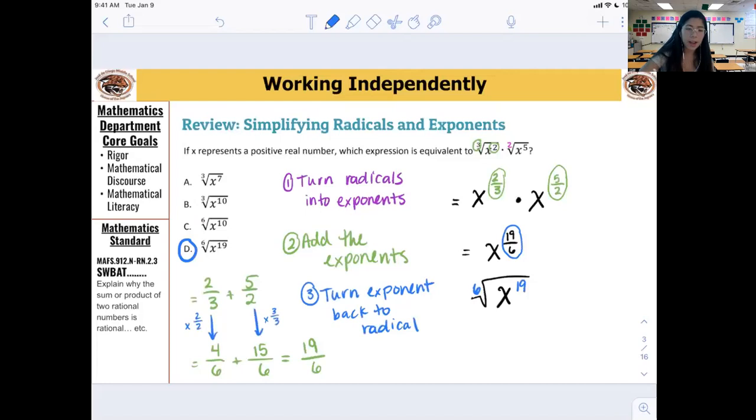All I got to do is add the numerators. 4 plus 15 gave me 19. Adding fractions. Any questions on that? All right. Any final questions on this problem?